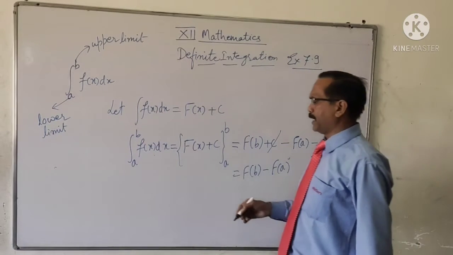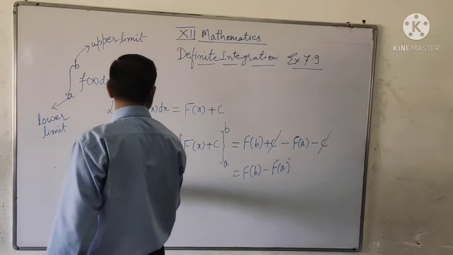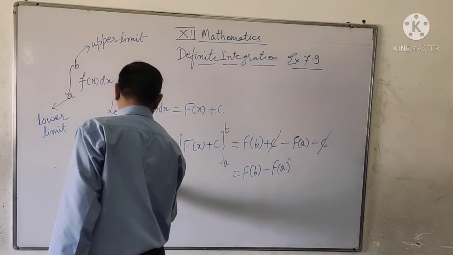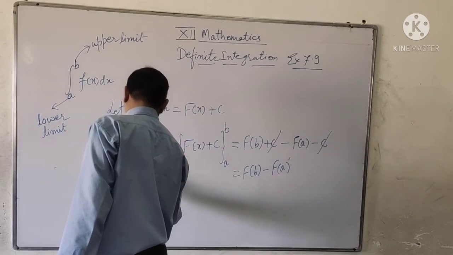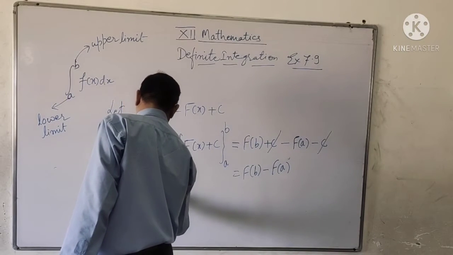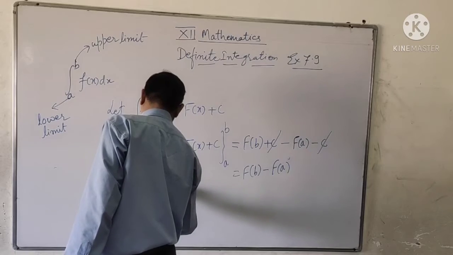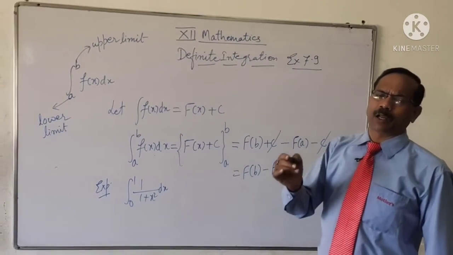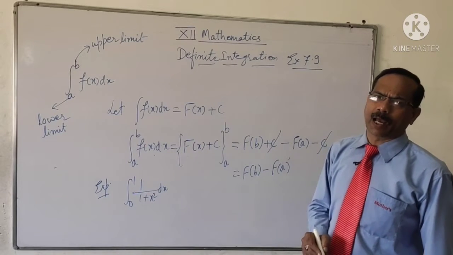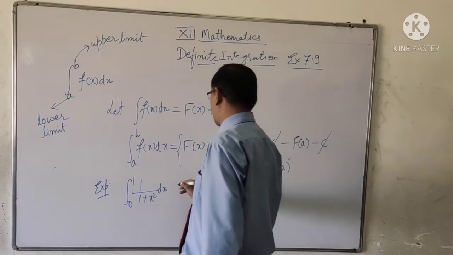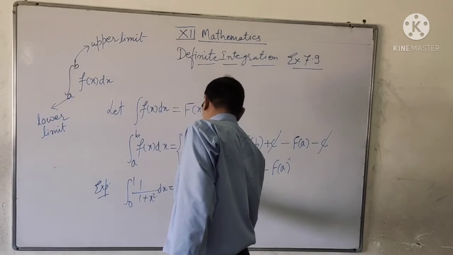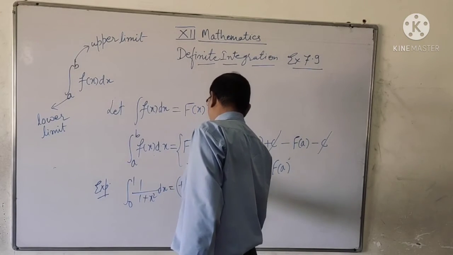See the example. Let there be the integration from 0 to 1 of 1 upon 1 plus x square dx. Students, you know the integration of 1 upon 1 plus x square is tan inverse x, and it is from 0 to 1.